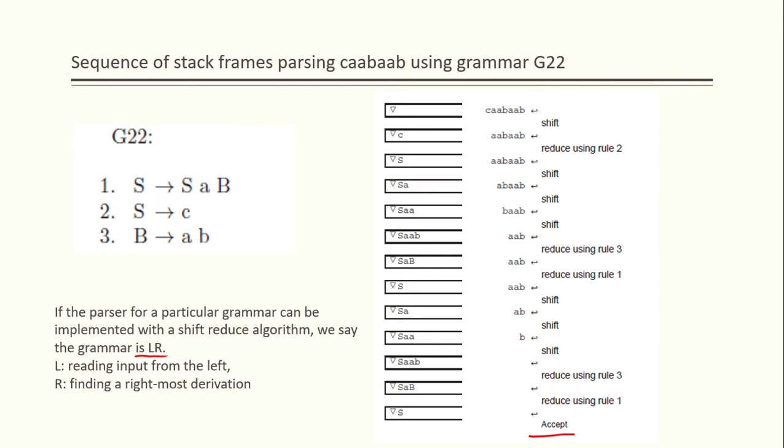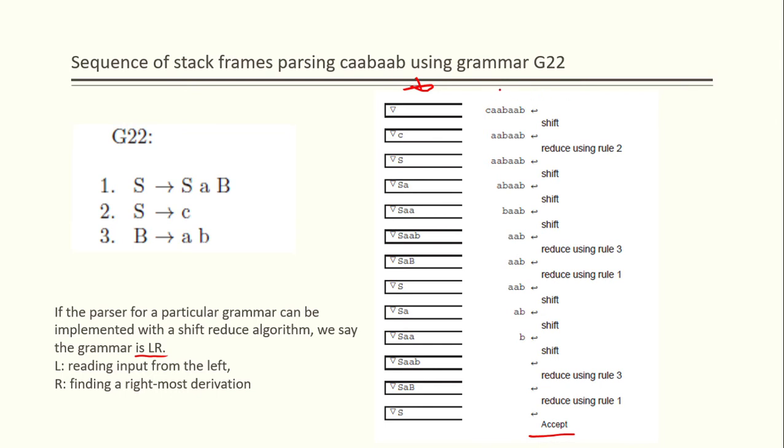Okay, if you see here the stack frame, we do it horizontally, which means that you lay down the stack. As normal, you start the stack with a triangle symbol, which is the start of the stack.